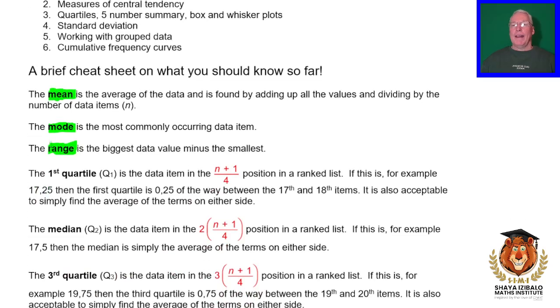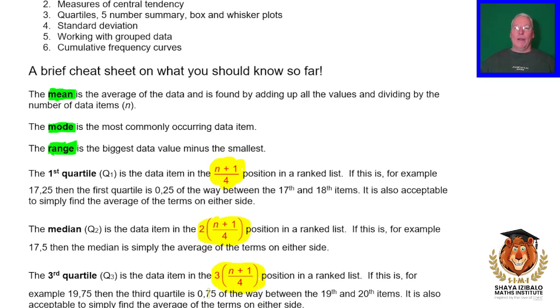And then we've got this idea of what we call quartiles. This is a useful little formula. We add 1 to the number of data items and divide by 4. That will tell us not the first quartile, but its position. For the first quartile we do that. To find the position of the second quartile, we just double that number, and for the third quartile we triple that number.